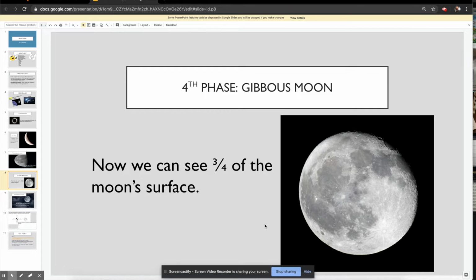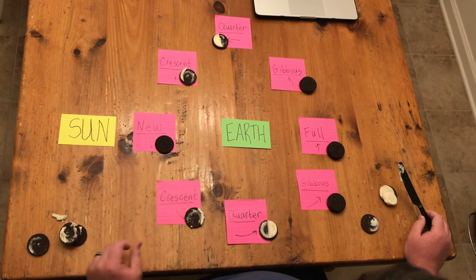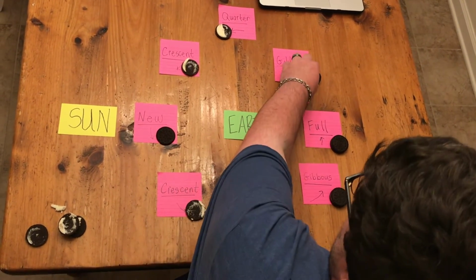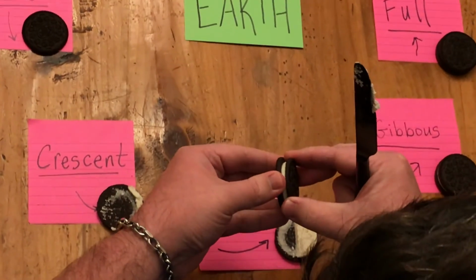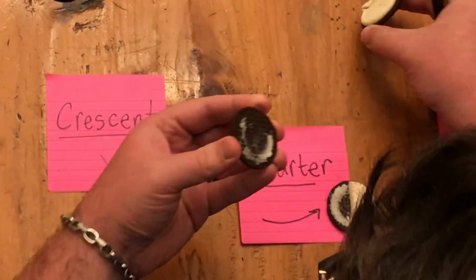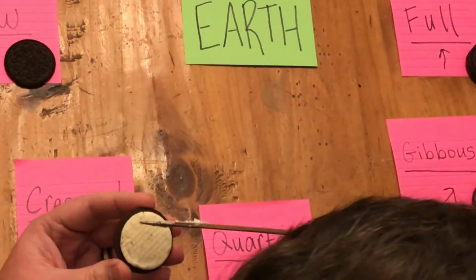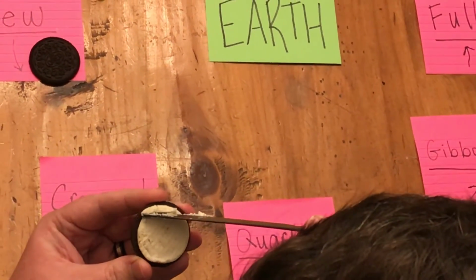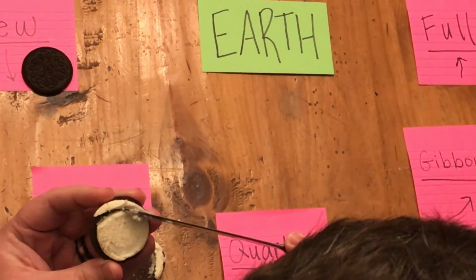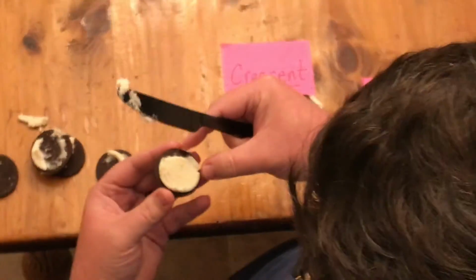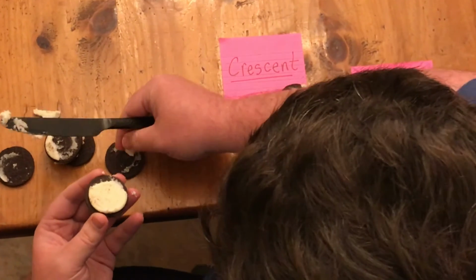Let's now show 3/4 of the moon's surface using a gibbous moon. All right, now we're going to do our two gibbous moons. If you remember again, the gibbous moon is where 3/4 of the moon is shown. So I carve out a little crescent here. Notice I'm using the vocabulary word, crescent.